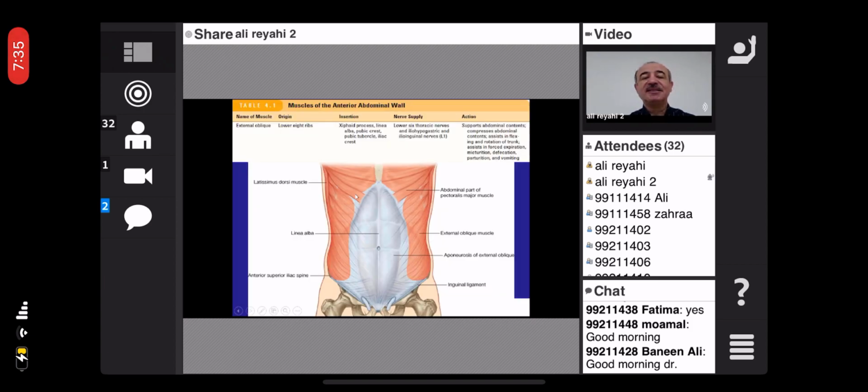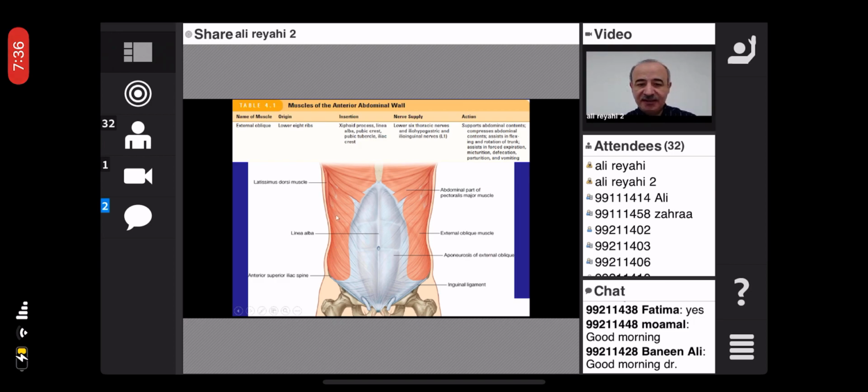I talked about the external oblique and internal oblique in the previous lecture, but now I will review these muscles and explain the other muscles in the abdominal wall. At first, the external oblique, if you remember: the external oblique originates from the lower 8 ribs, and its muscle fibers run downward, anteriorly and medially.